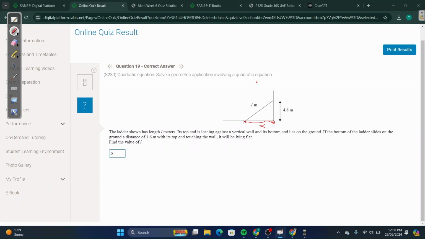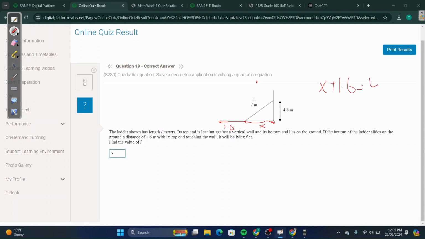So X plus 1.6 here, because this is X and then it's slanted, right? But if you push this by 1.6 meters, it will be completely flat. So X plus 1.6 meters is equal to L, right?